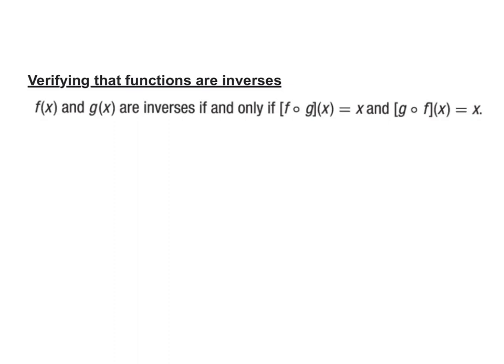Here's the key thing. F and G are inverses if and only if f of g of x equals x, and they both have to happen, g of f of x equals x.